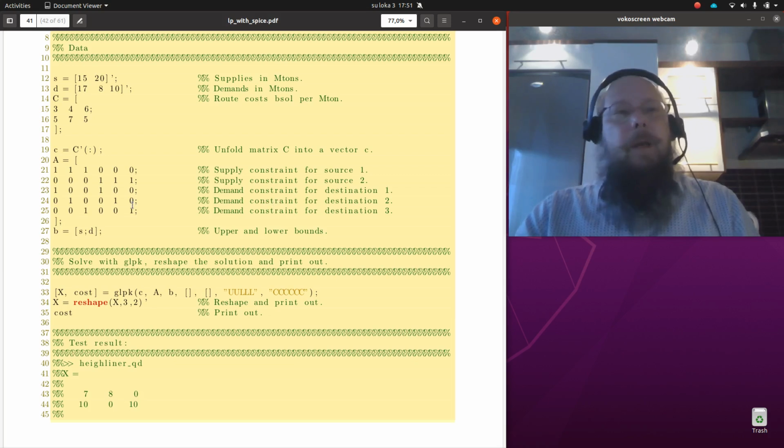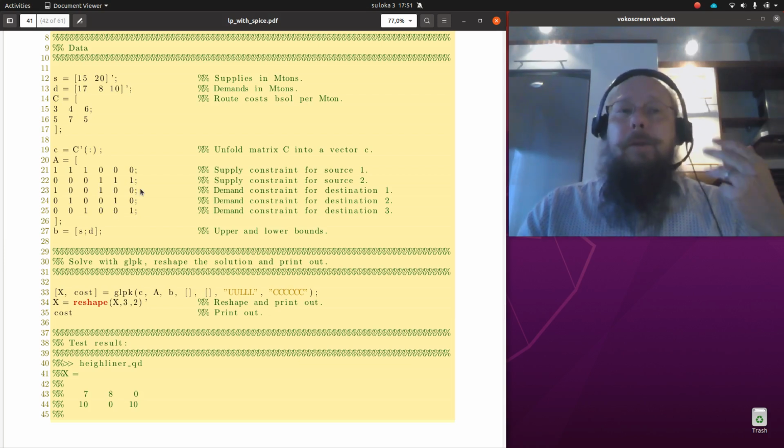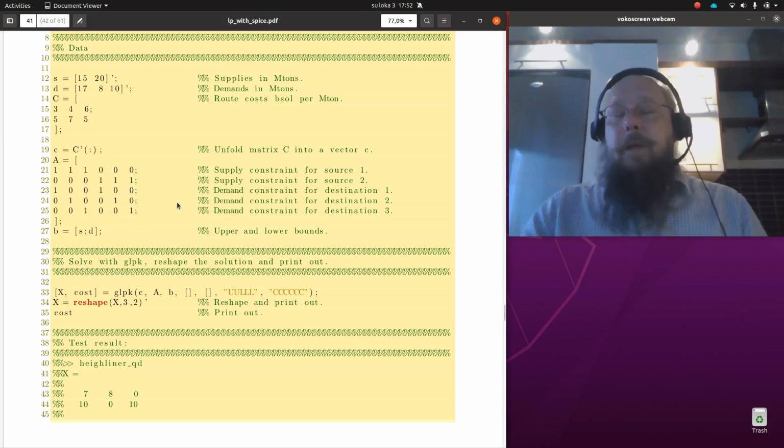And at the same time, when this is filled in for the supply constraints, I fill in this identity matrix here for the demand side. And in the next round of the for loop, when this is filled in, this is filled in. And if there are more rounds in the for loop, meaning we have more sources or destinations, then more and more identity matrices are filled in on the right hand side there.